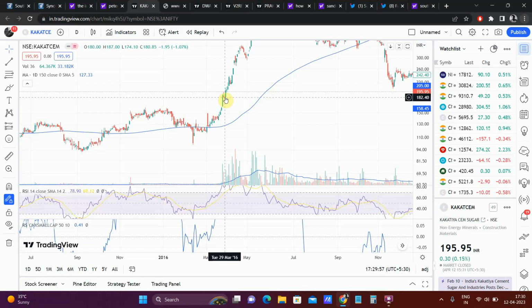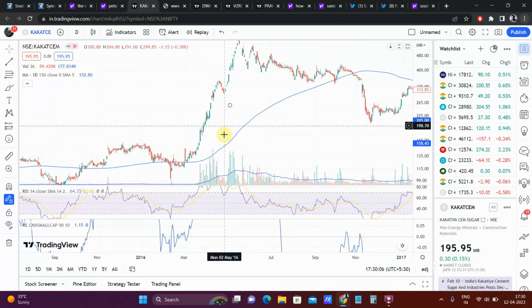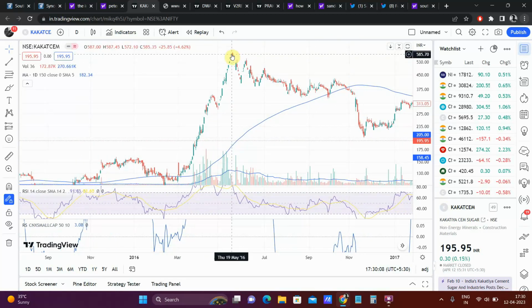This particular stock was at 180, in March, April, during that time, and I averaged it up a little also. It went to almost 600. By averaging it up and all of that, I doubled my money in this stock, right? It was a couple of lakhs that I made.